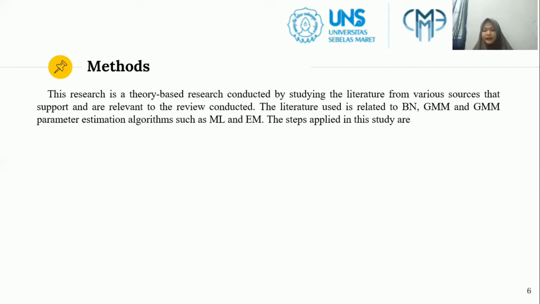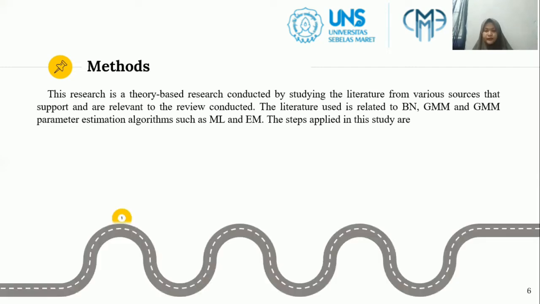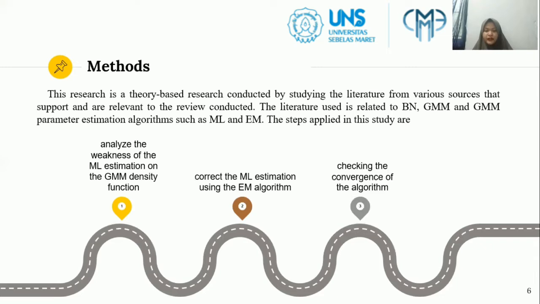The steps applied in the study are: 1. Analyze the weakness of the maximum likelihood estimation on the GMM density function. 2. Correct the ML estimation using the EM algorithm. 3. Check the convergence of the algorithm.